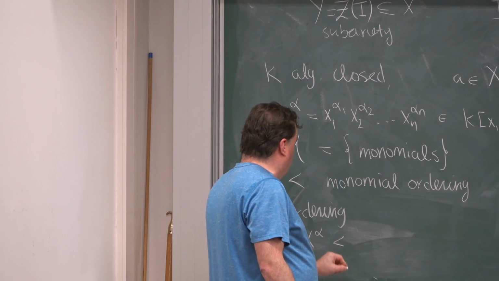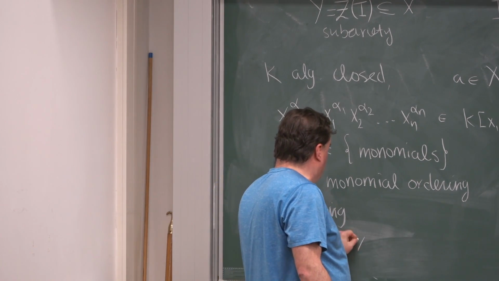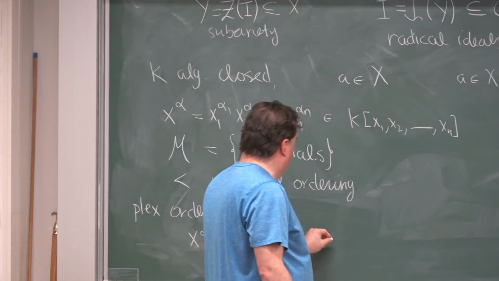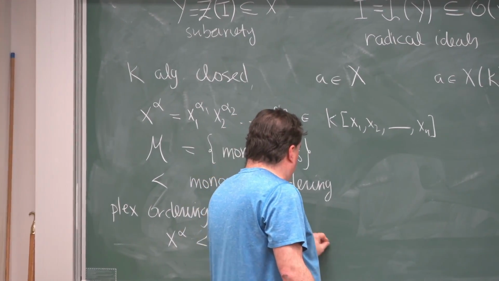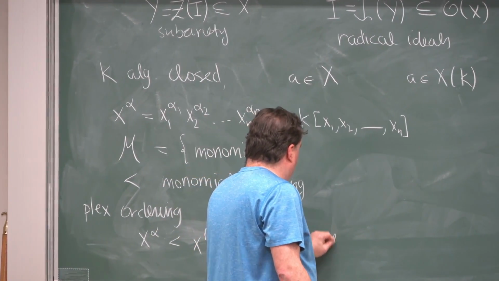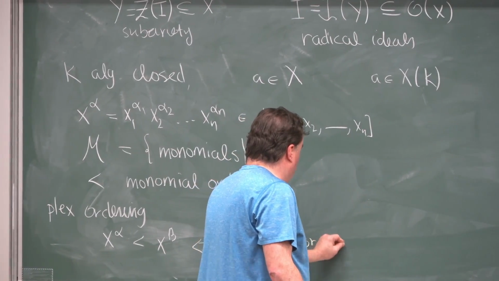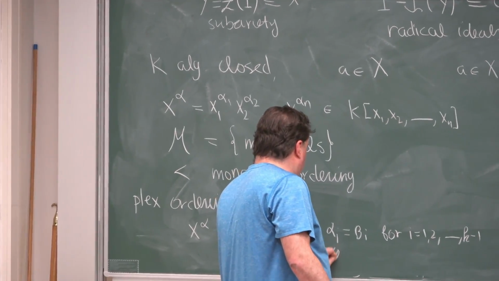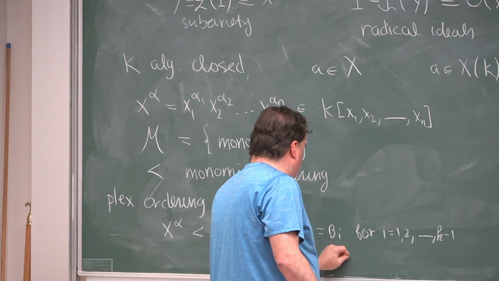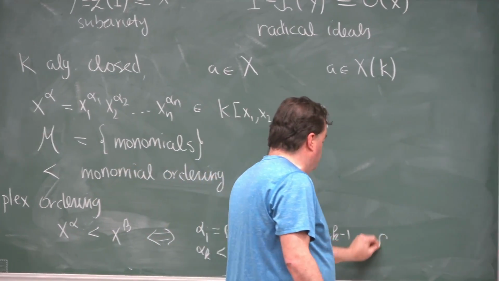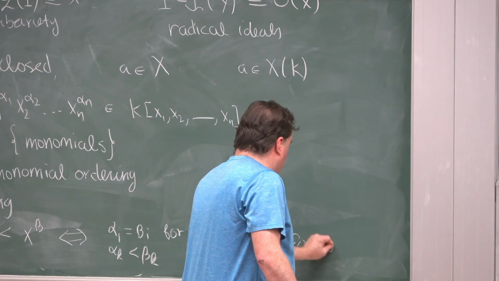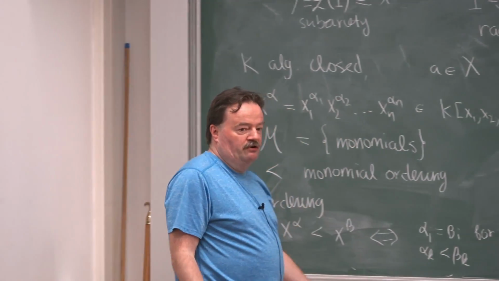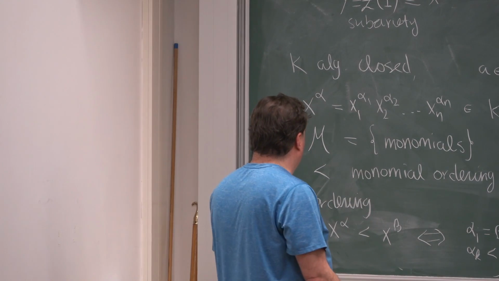This monomial x to the power alpha is smaller than x to the power beta if and only if alpha i is beta i for i from 1 up to k minus 1, and alpha k is smaller than beta k, for some k.